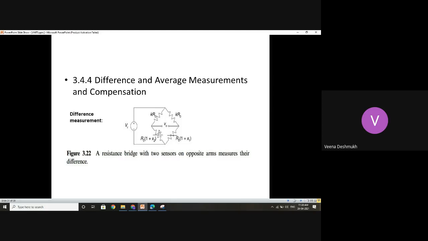Because over which range they have to be used, that is very, very important here. Suppose they are using PT100. PT100 is an RTD, which is made up of platinum, and this is usually used for the measurement of temperature around 1000 degrees centigrade very easily.